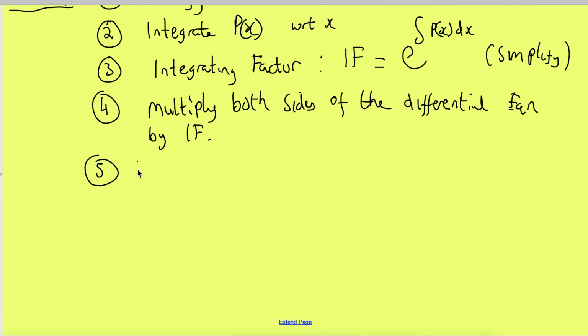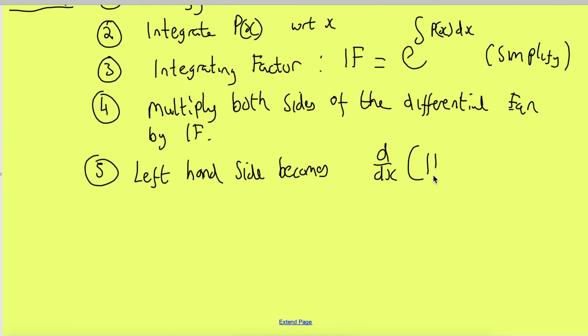Your left hand side, and this will always be the case, that's why the integrating factor works, always becomes d by dx of whatever your integrating factor was multiplied by y. That looks like xy multiplied by y. And this is because of the product rule.